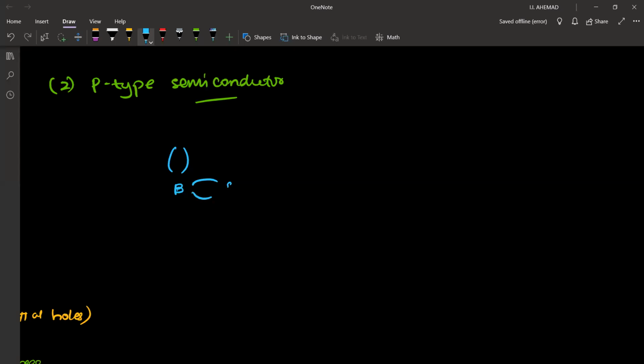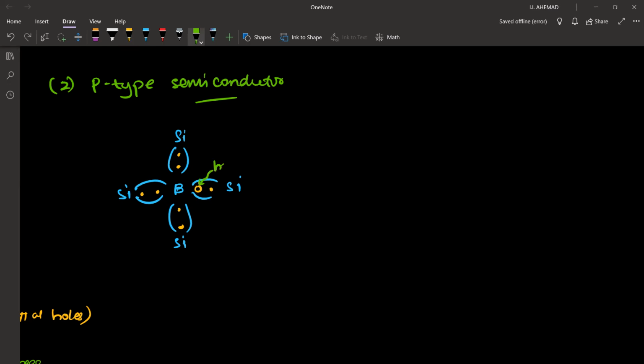Therefore, when it forms bonds with silicon, it is always deficient by 1 electron. So the 3 electrons form bonds, but one of the bonds is deficient of an electron. Due to this, the number of holes increases relative to the number of electrons, which will create a vacancy. Due to this vacancy, electrons will start to move, which will in turn increase the electrical conductivity.